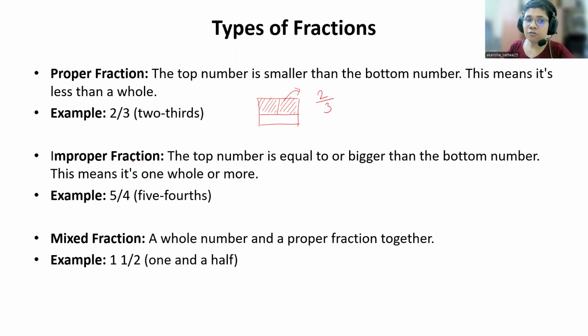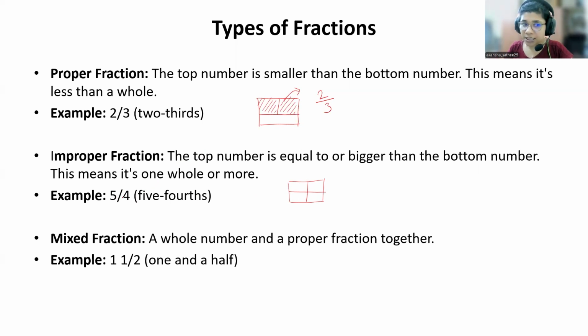Now, improper fraction. An improper fraction is one where your top number is equal to or bigger than the bottom number. This means it is one whole or more. So it is 5 by 4. Let's say you have divided your whole thing into four parts, right? One, two, three, four.